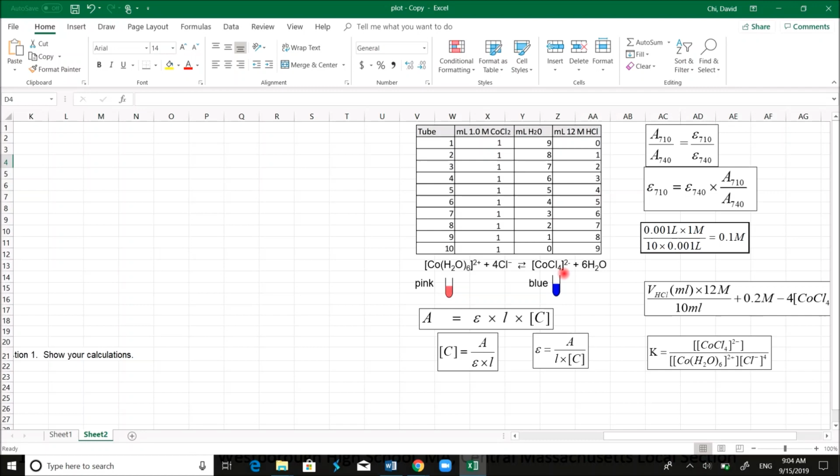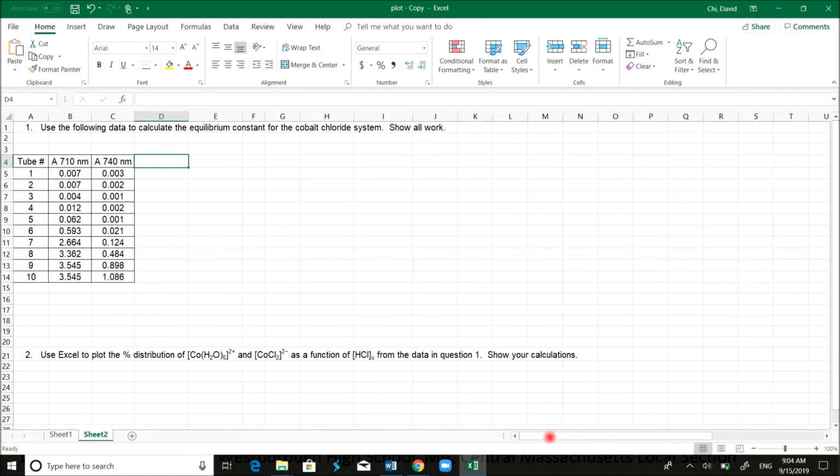Therefore, the absorbance at these two wavelengths can be attributed to the cobalt tetrachloride complex only. In other words, we can use this absorbance to calculate the cobalt tetrachloride complex concentration.